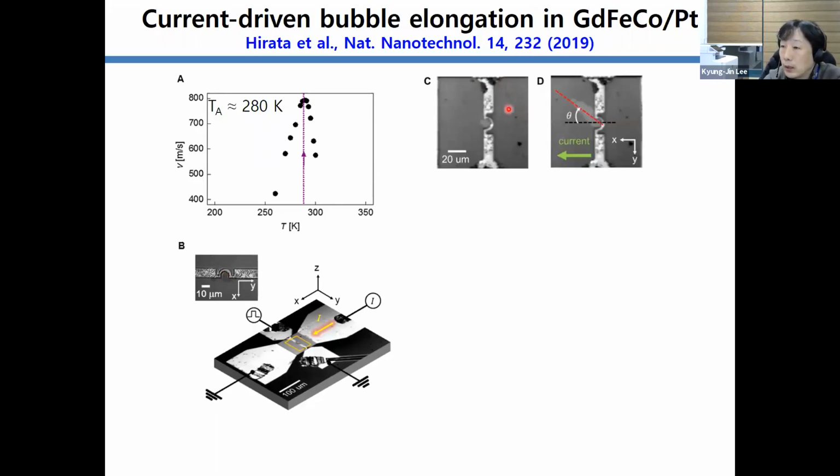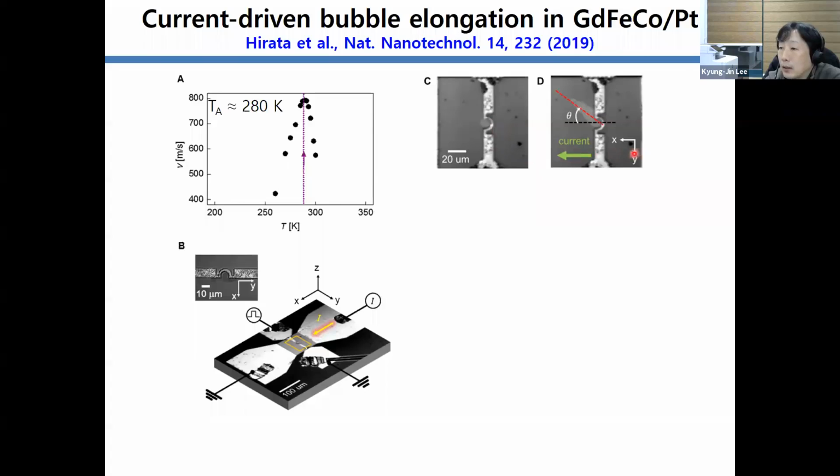So this is the MOKE image. You see that there is a bright region, a bright circle here, that is the nucleated bubble. And the other region is relatively darker, so it means that the magnetization direction is opposite between the darker region and the bright region.